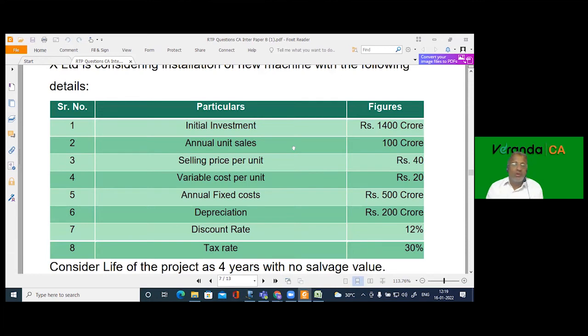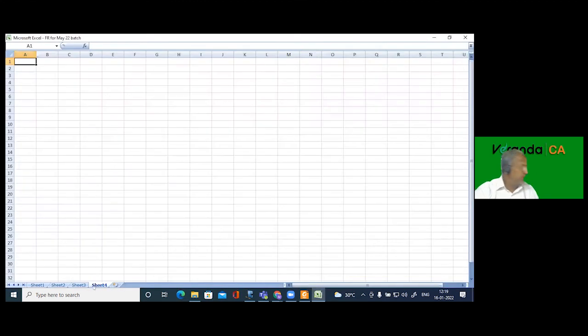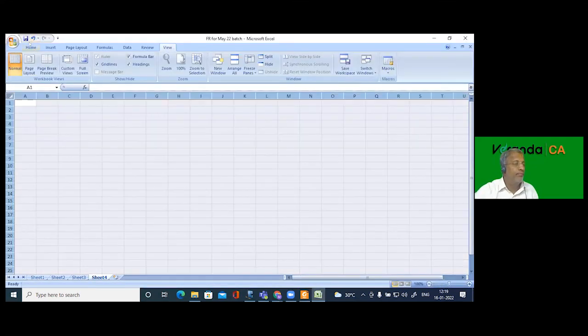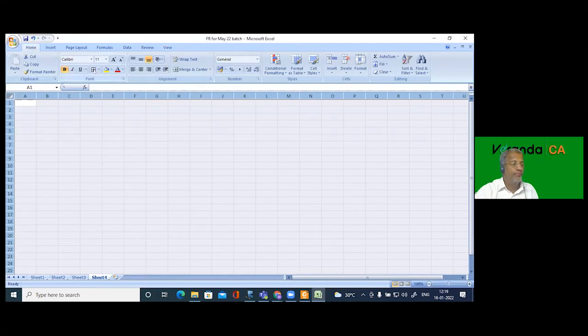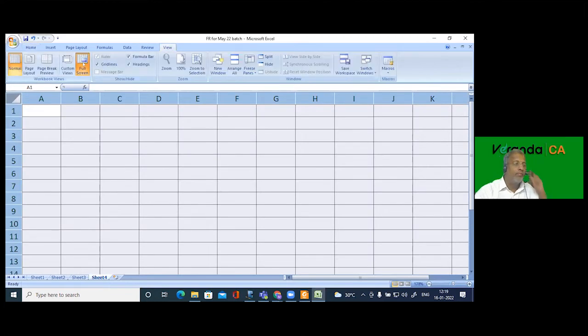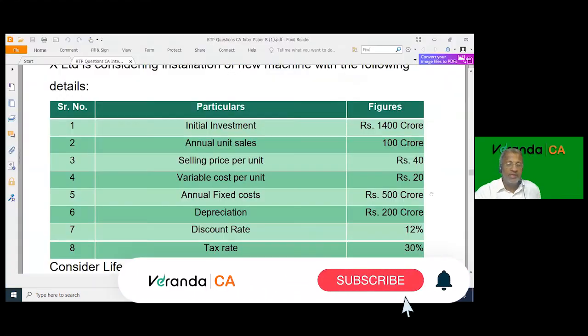So now let us take up the basic computation in this fashion. Selling price is 40.